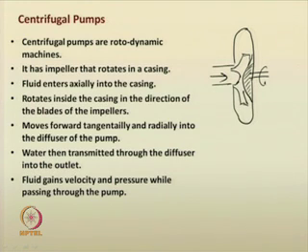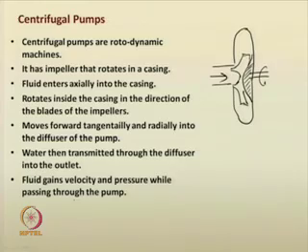It is rotated through some other energy source. Water also gets rotated along with it, then it goes further into the diffuser portion of the pump, and from the diffuser it is transmitted to the outlet. Like that the water is getting pumped. Usually the fluid gains velocity and pressure while passing through the pump.